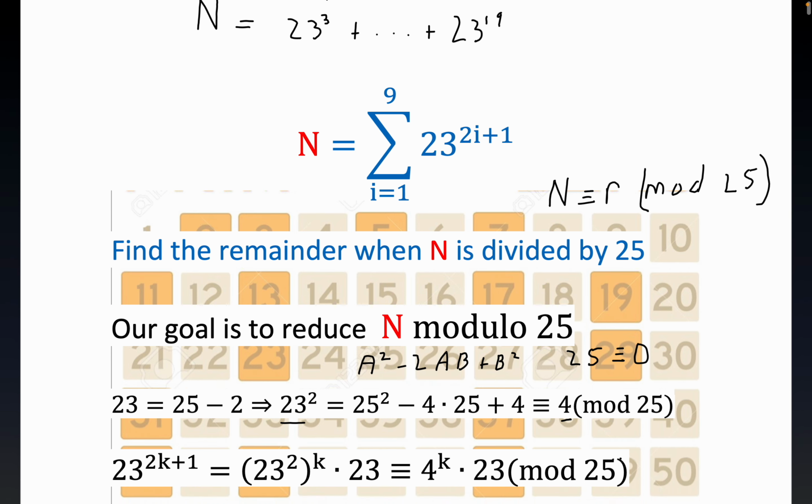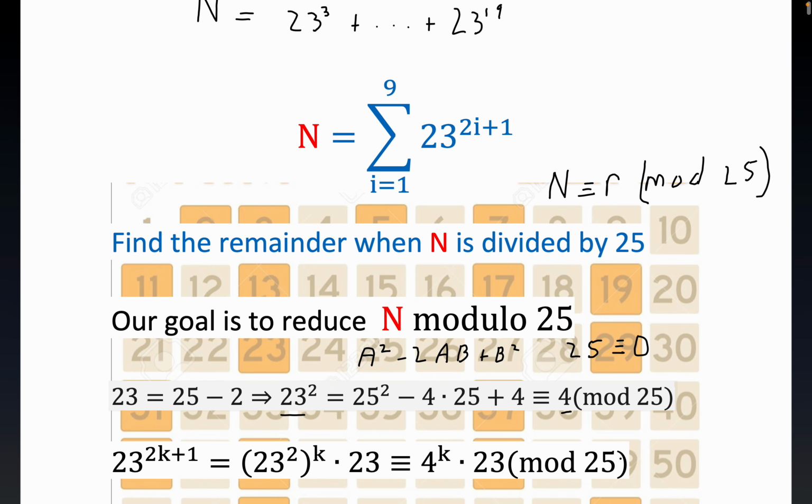Now that's a super useful fact, because a general term in this sequence looks like this. So using laws of exponents, you can rewrite this like this. 23 squared, remember, is congruent to 4. You see how the 23 squared right here became a 4. And also there's a 23 left, right?